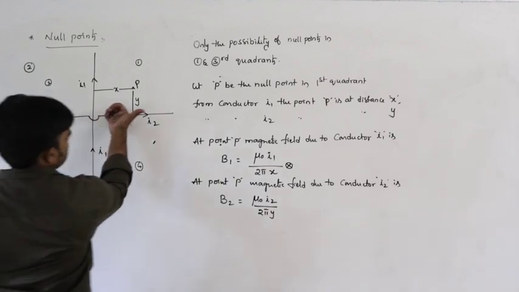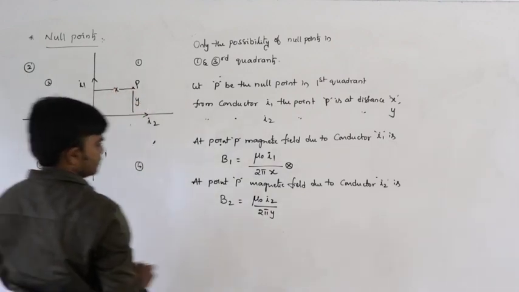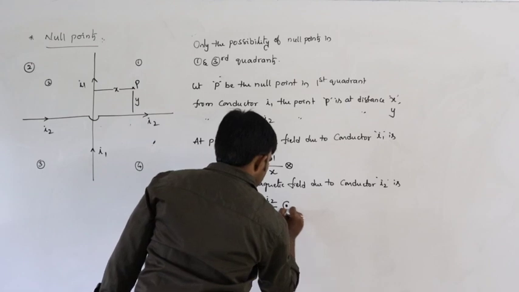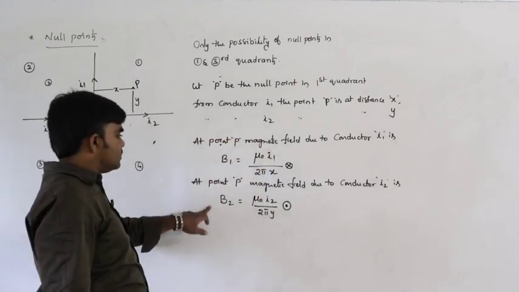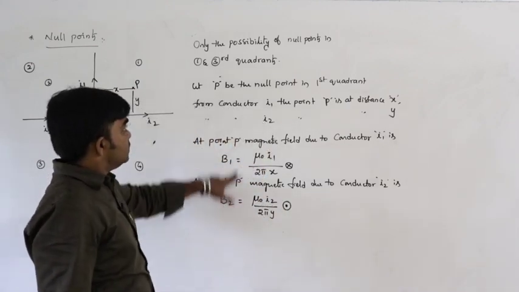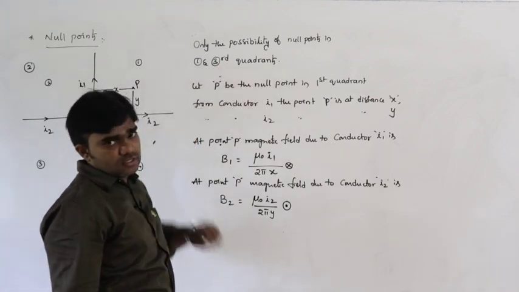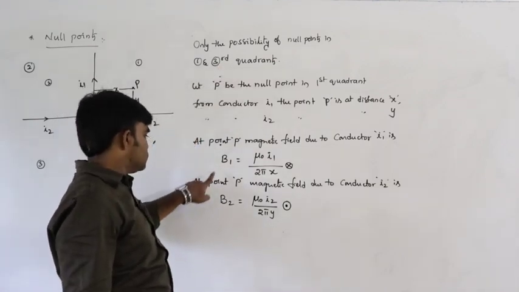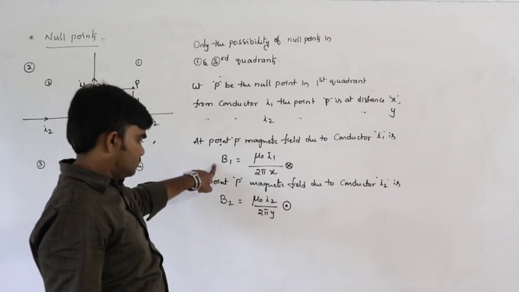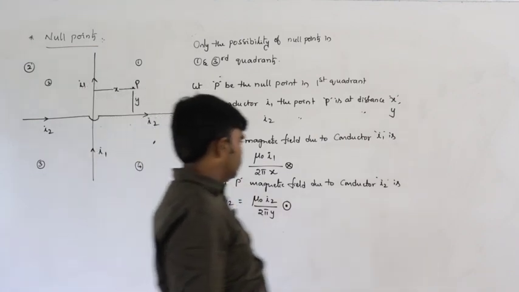What is the direction of the magnetic field? Outwards. Here both the magnetic fields are equal and opposite, then only the null point exists. If B1 equals B2, then only the null point exists.